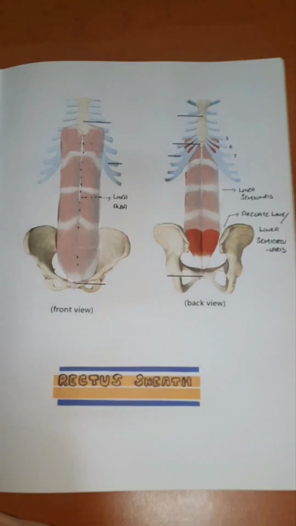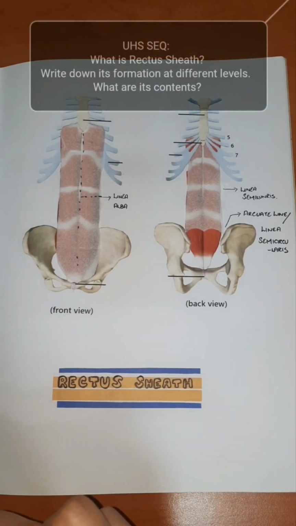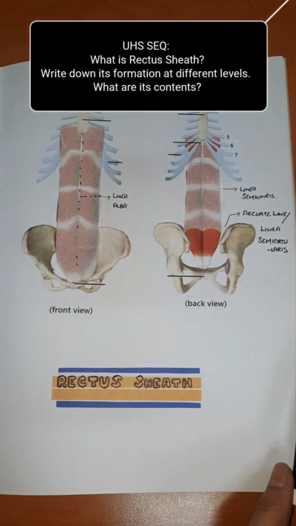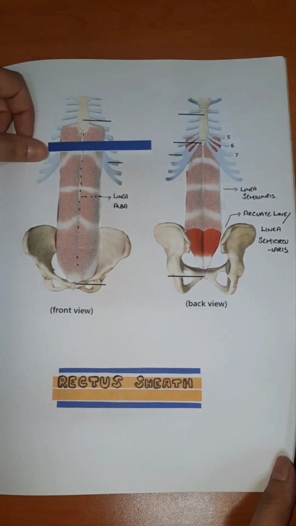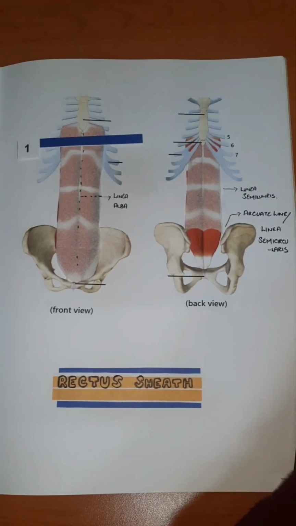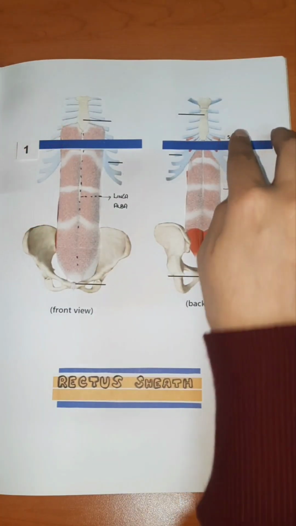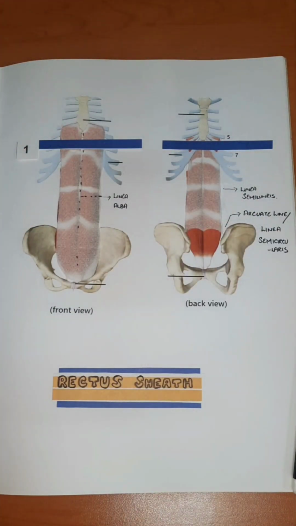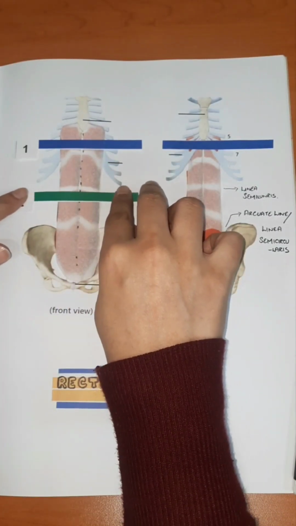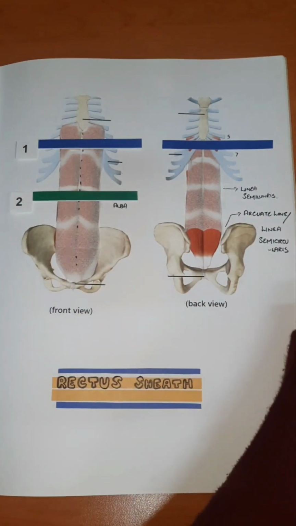The undergraduate students are usually asked to explain the formation of the rectus sheath at different levels. So the question that comes is the formation of the rectus sheath at three levels. The first level is above the costal margin. The second level is between the costal margin and the arcuate line.